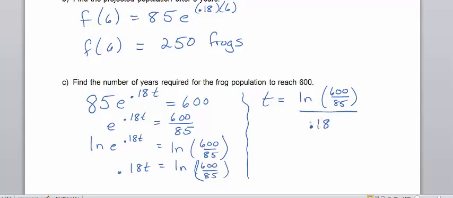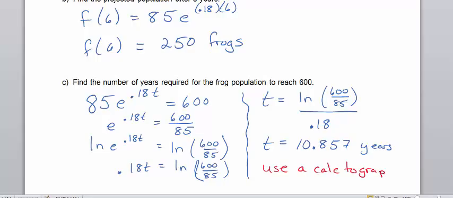You can put this into your calculator, and very simply you can see this is 10.857 years.